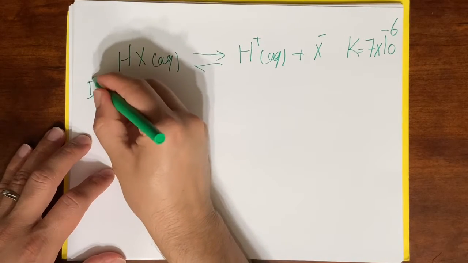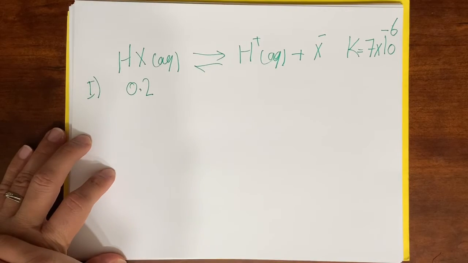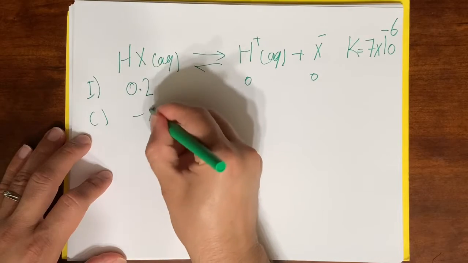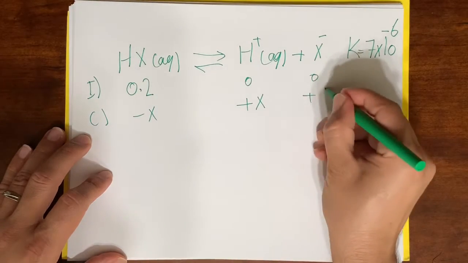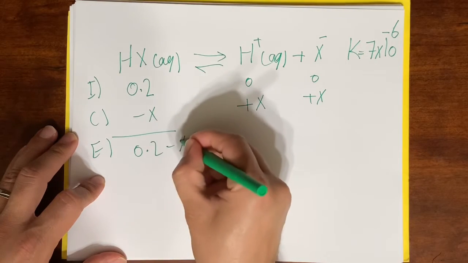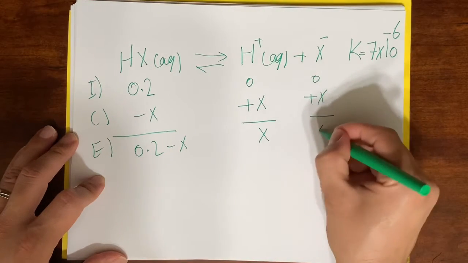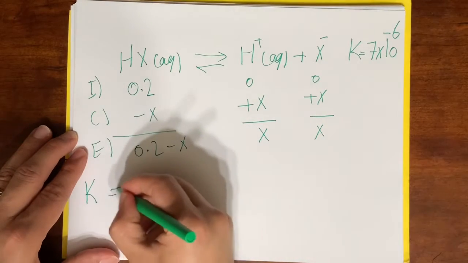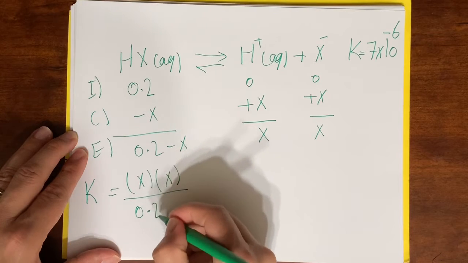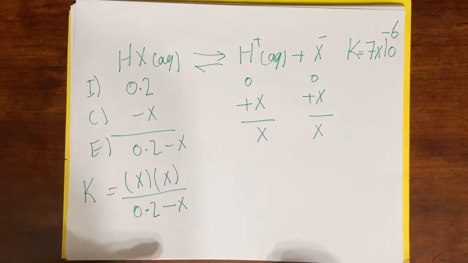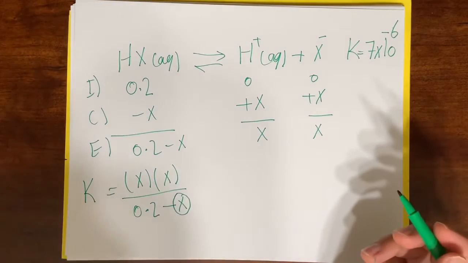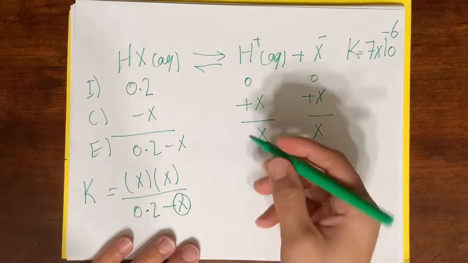Initial concentrations here are 0, 0. Change: minus X, plus X, plus X. At equilibrium, it will be 0.2 minus X, X, and X. So K is X times X divided by 0.2 minus X. Now the question is, can I ignore this X? Yes or no?